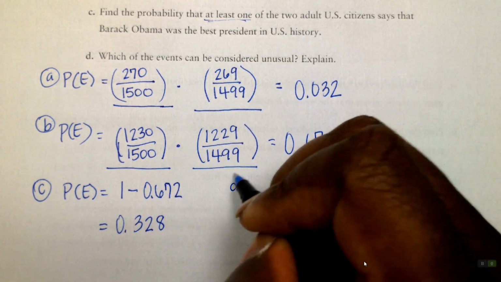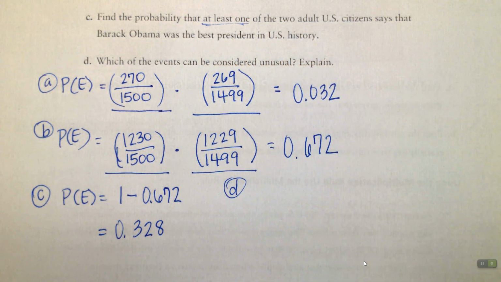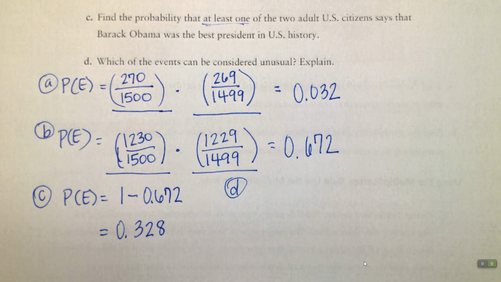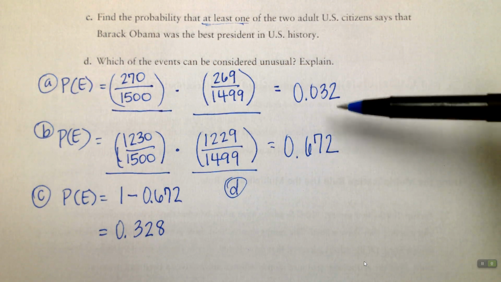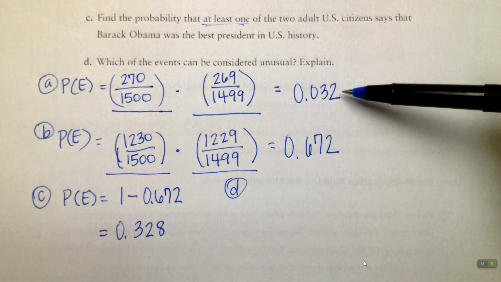D. Let's talk about D. Which of the events are considered unusual, and why? So this one is below 0.05.